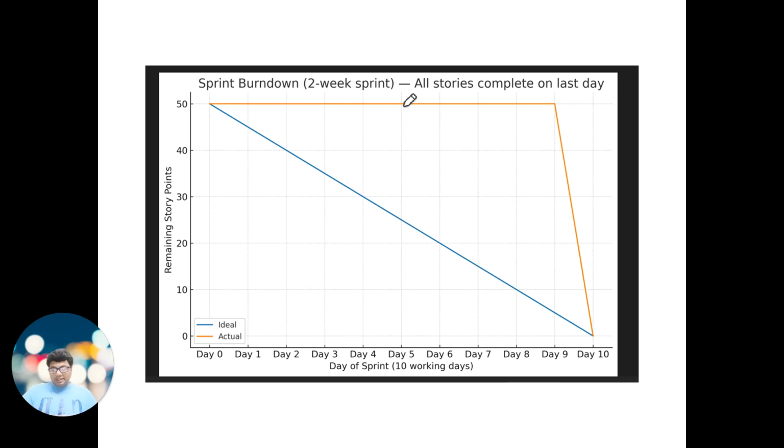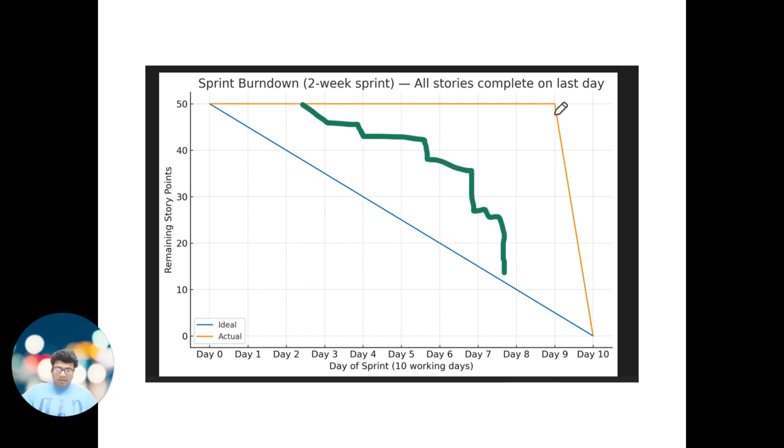Another reason is they have not split their user stories. Maybe there are four developers working on eight story point stories. They have not split their user stories into two or three story point stories so that they can complete three story points and burn them down on day two or day three. Then the graph would be like this, rather than the last day.